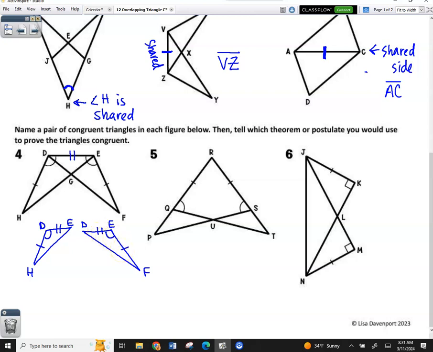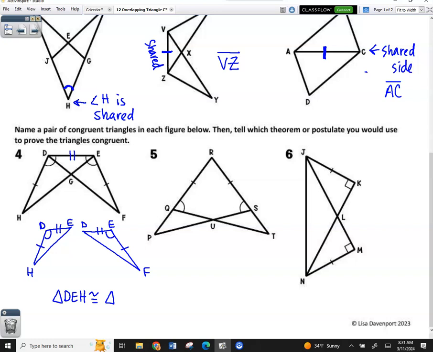And then now let's name what triangle is congruent to what. Now I'll name the first one, y'all name the second one. So if I call the first one D, E, H, you have to be careful here.